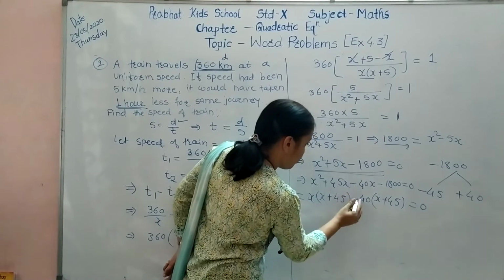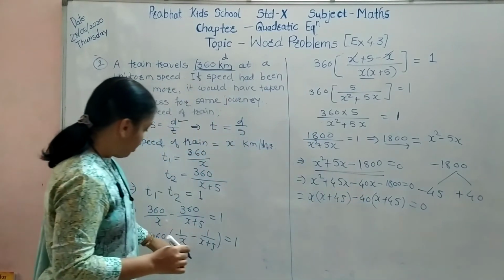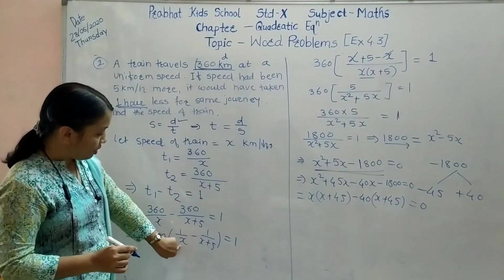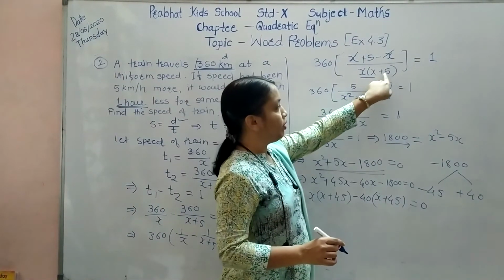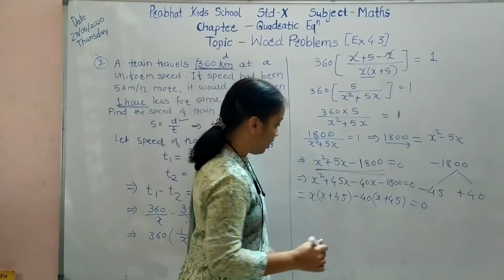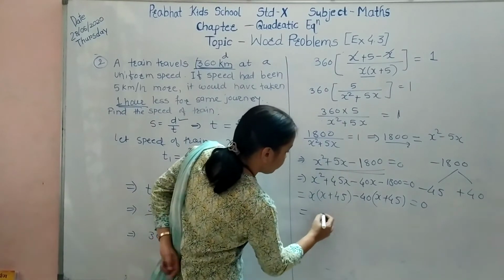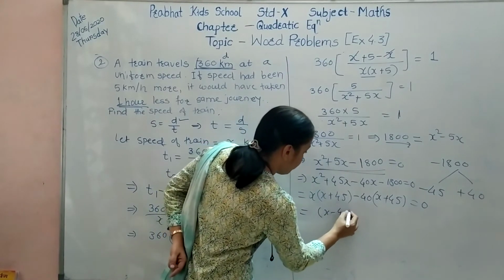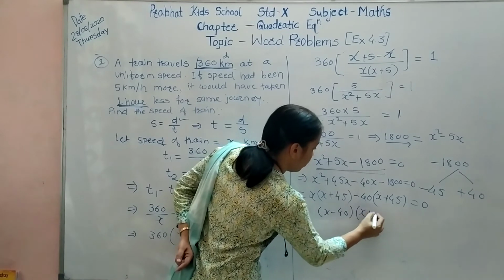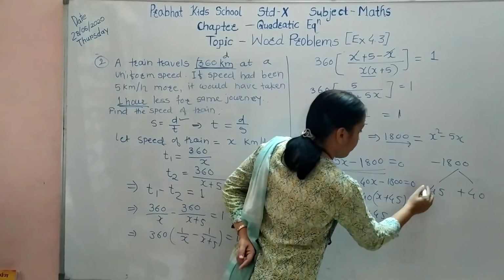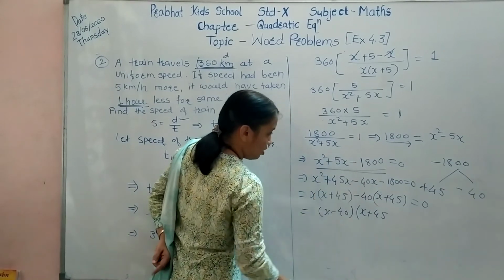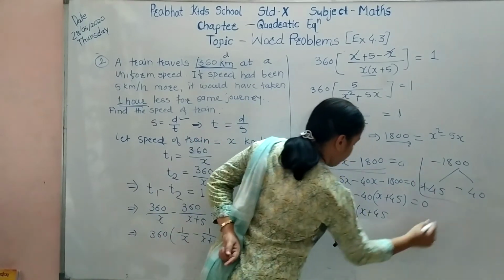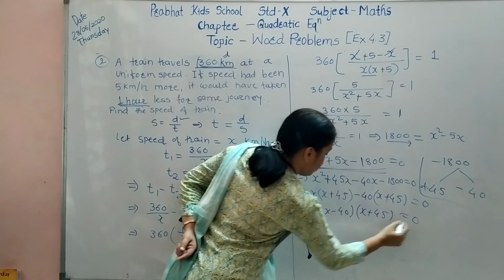I made a mistake here because the LCM is x into x plus 5. We made the mistake here, so we correct it. Now x minus 40 in one bracket, x plus 45 in another bracket, because the sign here is plus 45 minus 40, is equal to 0.